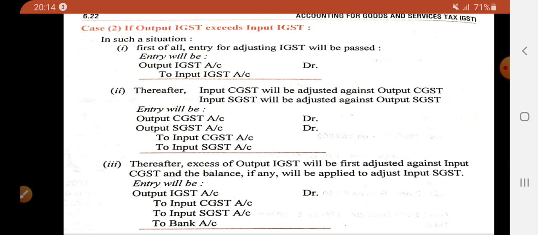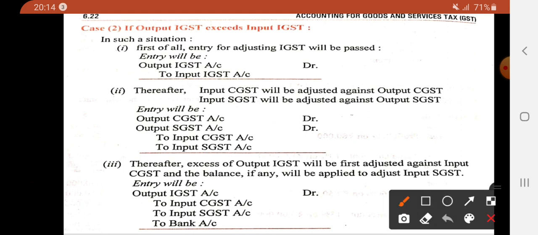So if there is any excess output IGST, that means excess of collection, after adjusting with the input, it will be adjusted with input CGST, and if there is still some output IGST remaining, it will be adjusted with input SGST, and if it is still remaining, then the balance will go to the bank account.